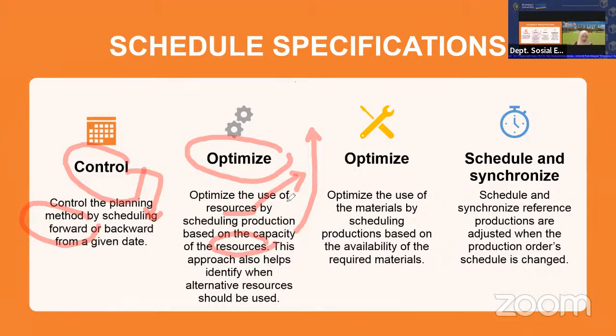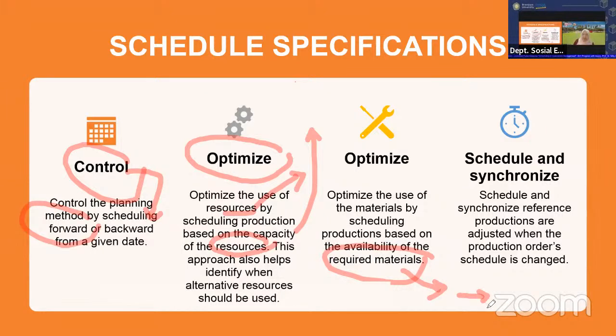If you can achieve the optimization, you can plan for alternative resources. You can also optimize the use of material by scheduling production based on the availability of the required material, because you know what types of material are required for you to produce your finished product.